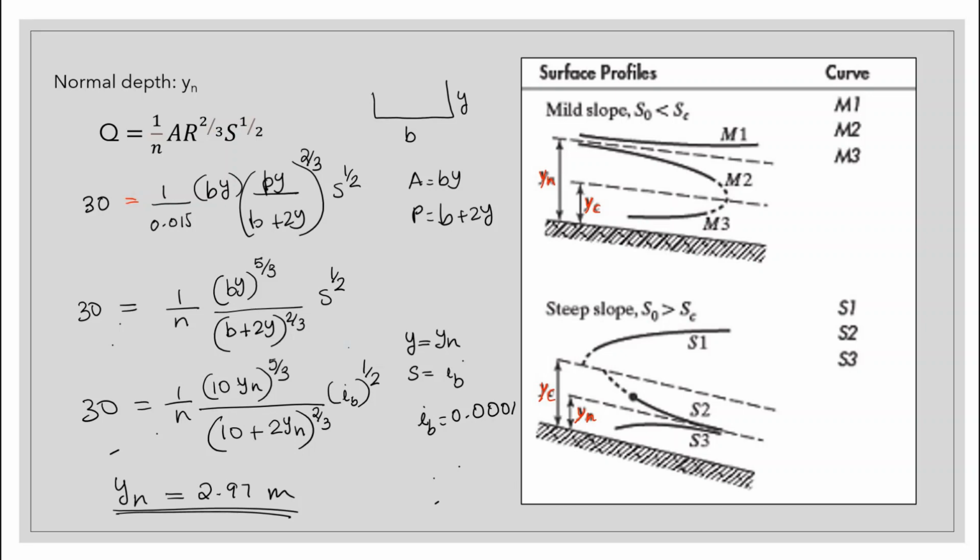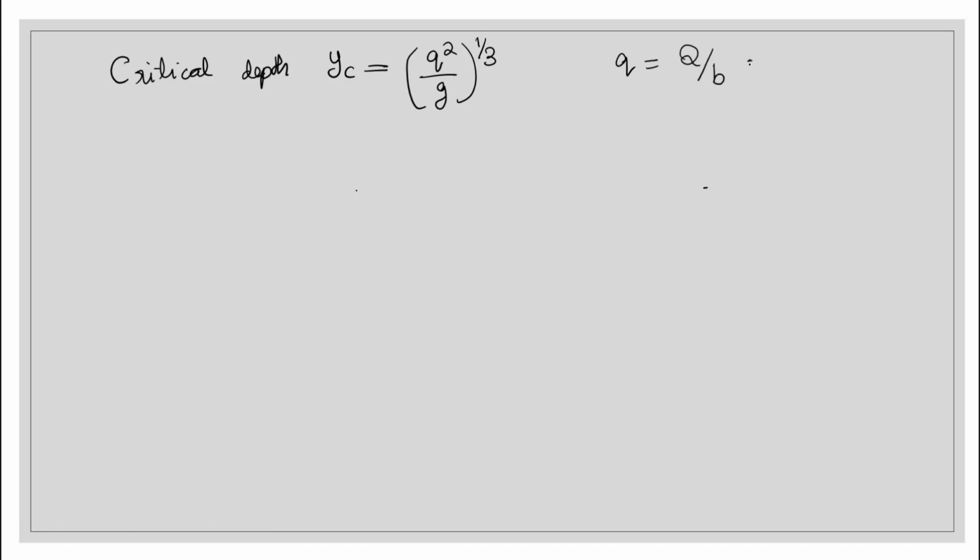Now let us see what the critical depth is. Critical depth yc can be obtained by the equation q square by g, whole raised to 1 by 3, where q is discharge per unit width. Here discharge is 30 and width is 10 meter, so small q is 3.